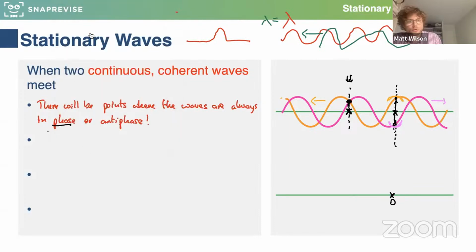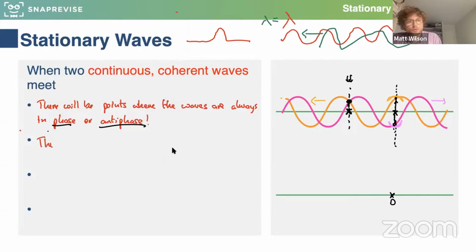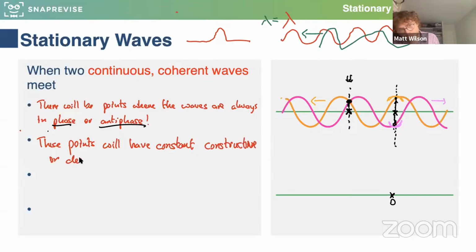And I've already kind of alluded to this, how the waves will have constant constructive or destructive interference. Constructive if they're in phase, destructive if they're not in phase. Good, okay. So as a result, we have these fixed points.